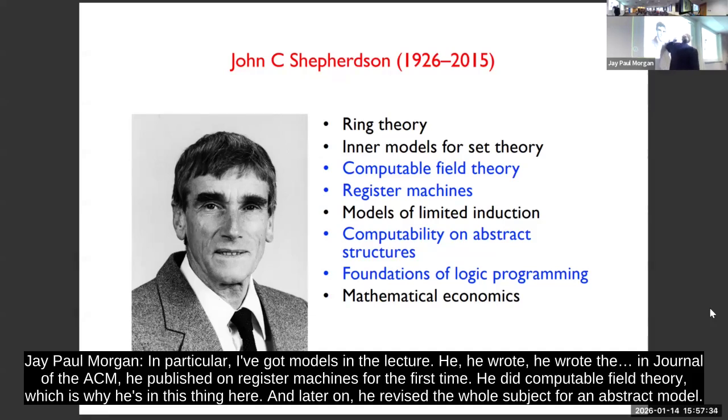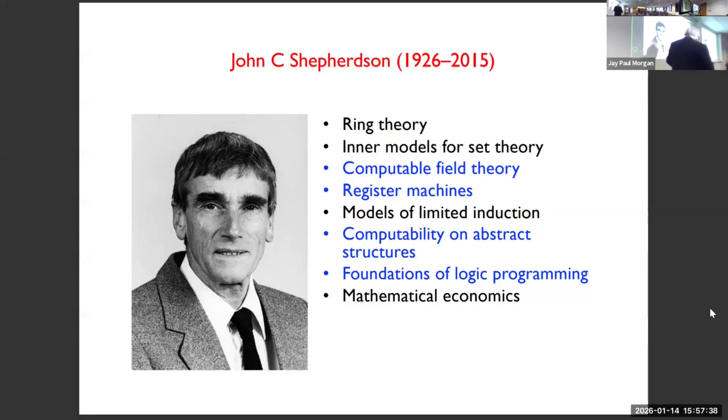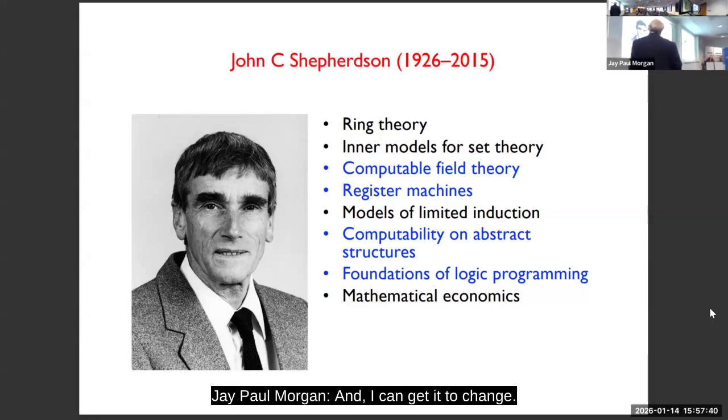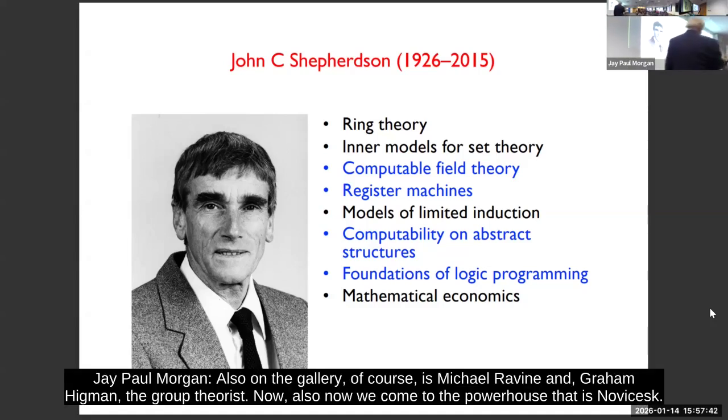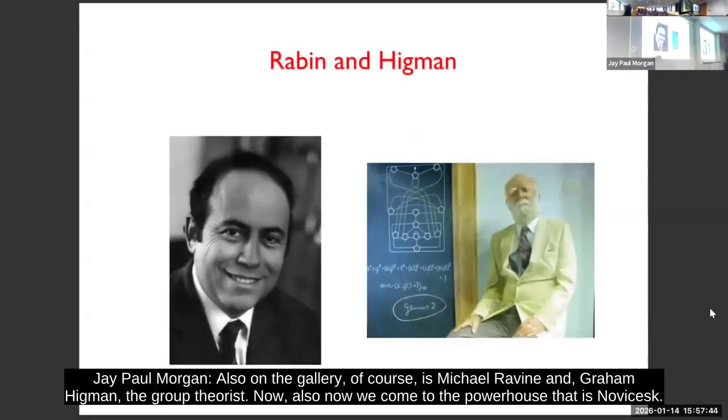He did computable field theory, which is why he's in this talk. And later on, he revised the whole subject for an abstract model. Also in the gallery, of course, is Michael Rabin and Graham Higman, the group theorist.